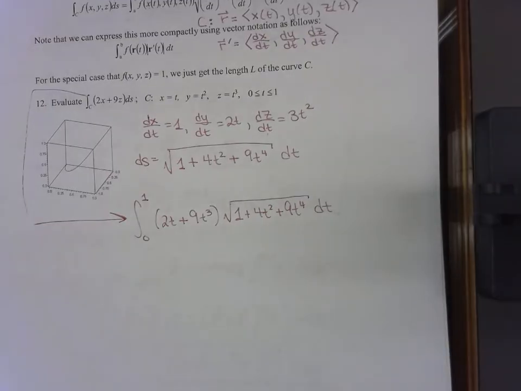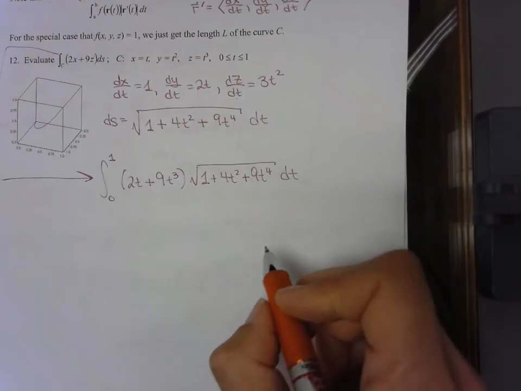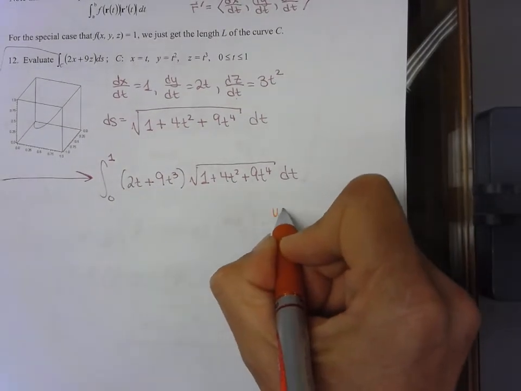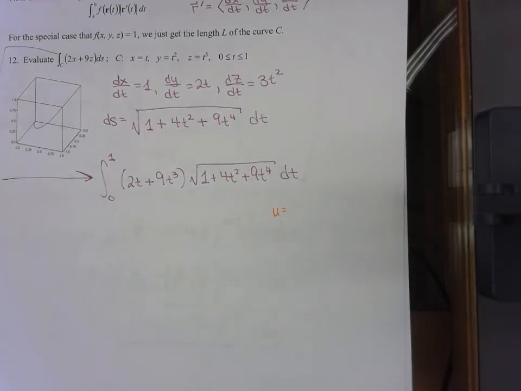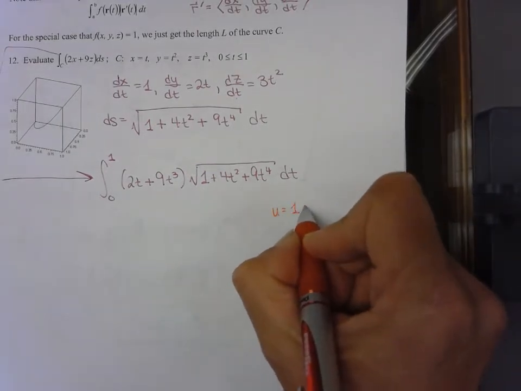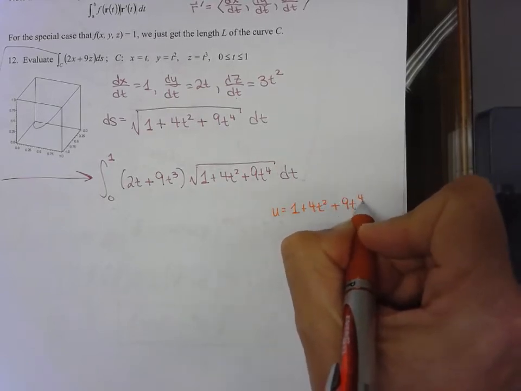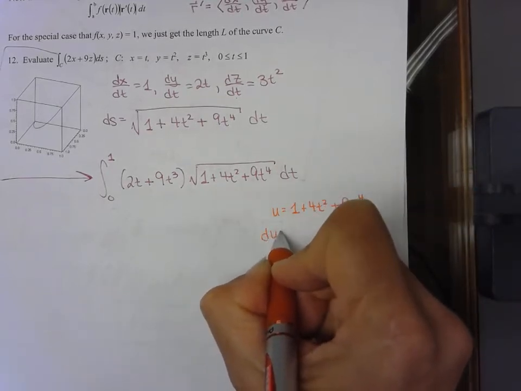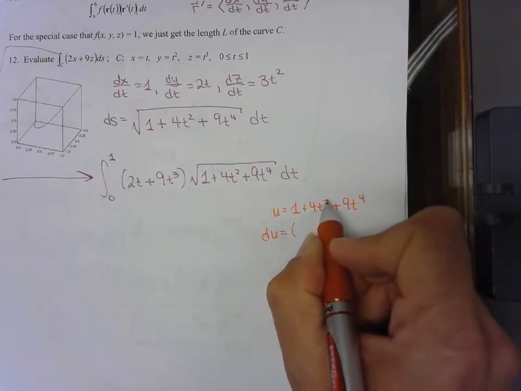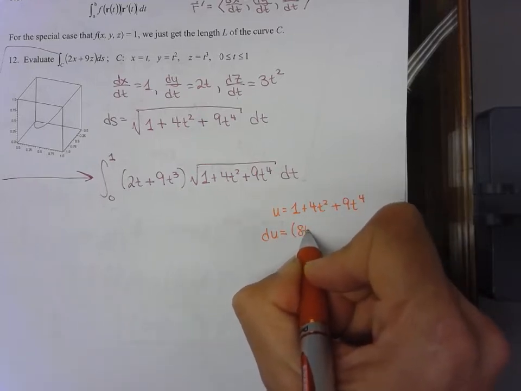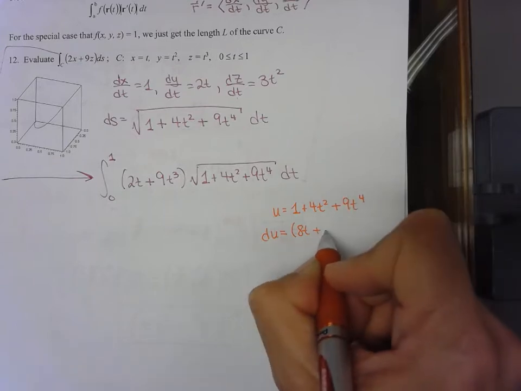Okay, so this looks horrible, but what should we always at least try? Right, let's just try a u substitution. So what would we let u be? Yeah, everything under the radical. And then du would be 8t plus 36t cubed.